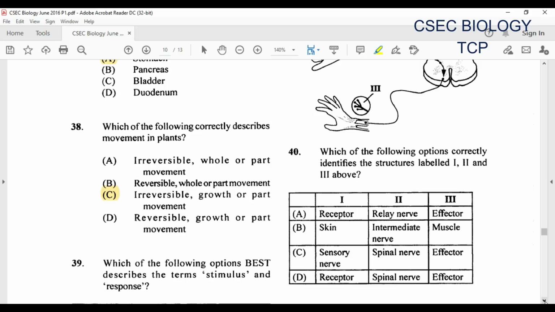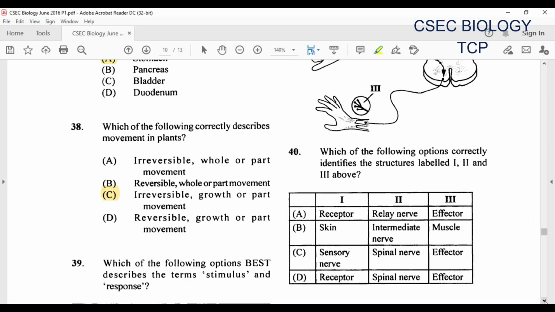Now the relay or intermediate neuron would have been the same thing as the connector neuron, but based on what we're seeing here, if I'm seeing the diagram well, I'm not seeing that intermediate neuron. I'm seeing the continuation of the sensory neuron being connected into what could have been the motor neuron. So I am going to go with D, receptor, spinal nerves, effector.